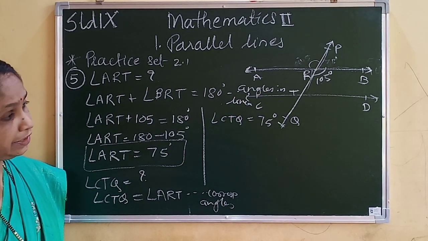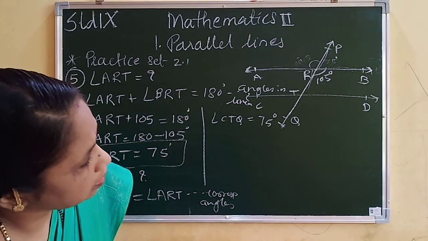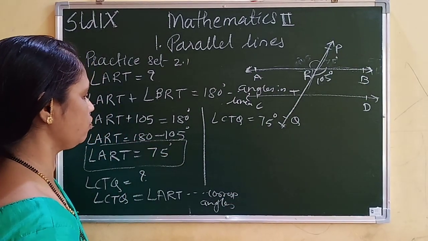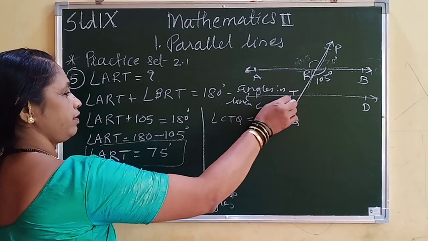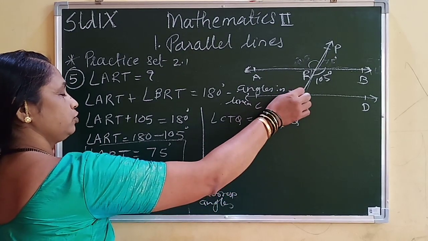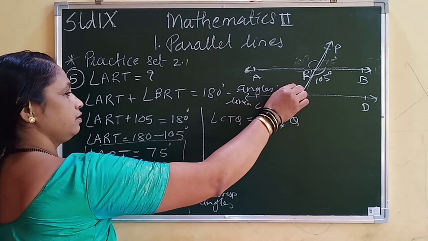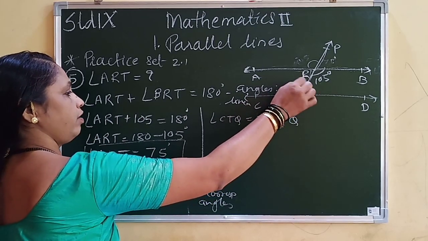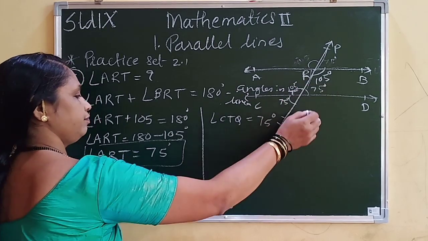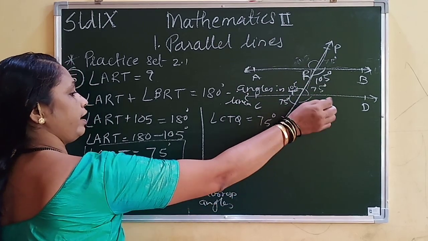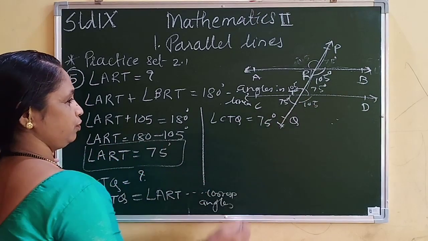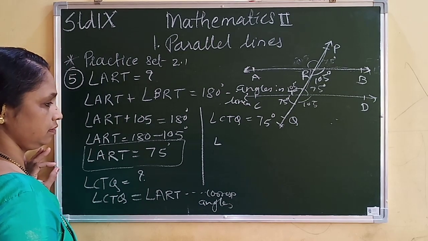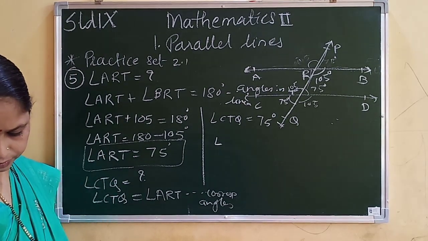Next we have to find DTQ. Now this we have got as 75 degrees, and this is 105. We have to find DTQ.